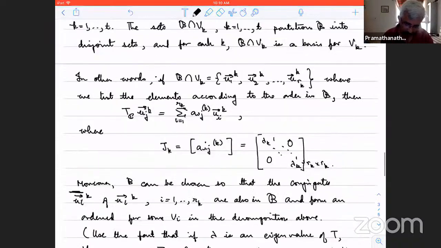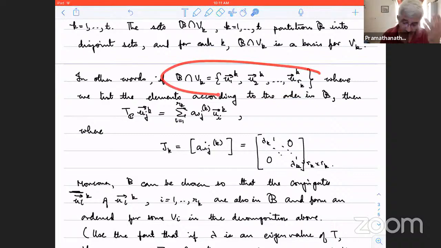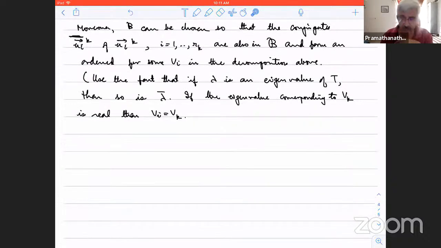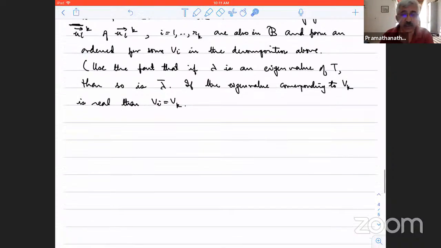What I'm saying is we started with a V_k here. It has a basis. Take the conjugates of all the basis vectors, and they will also form some kind of basis for some other V_k, call it V_i. And in case the corresponding eigenvalue is real, then V_k is equal to V_i, because then you can choose your eigenvectors to be real if the eigenvalue is real. And so the conjugate would be the same thing.